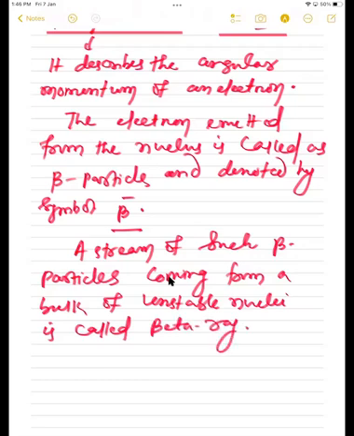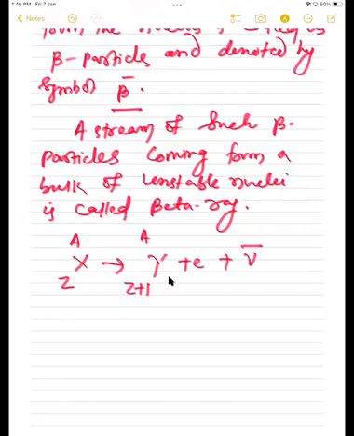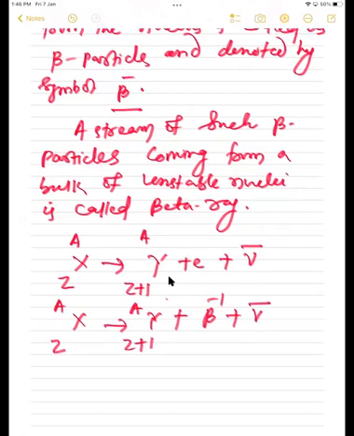And the beta decay process may be represented as follows: X with mass number A and atomic number Z gives Y with atomic number Z plus 1, mass number A, plus an electron plus an anti-neutrino. In the same way, the electron can also be written as beta minus.